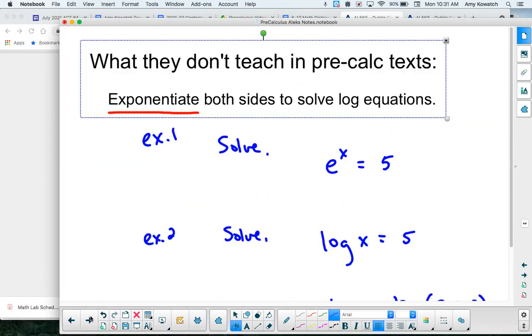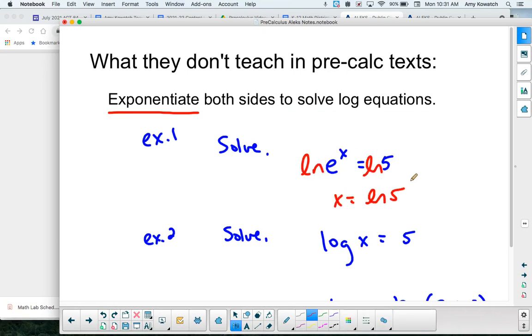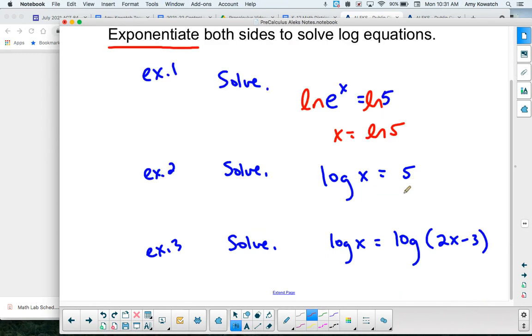Another example, something that they don't teach. So again, that example 1 was just like this. You can pause the video and try that, but you're going to take the ln of both sides. And the answer for that one's going to be x is equal to the ln of 5. So take the ln of both sides, and x is equal to ln of 5. Type in that decimal. If you were to do the second one, we're going to do something called exponentiating.